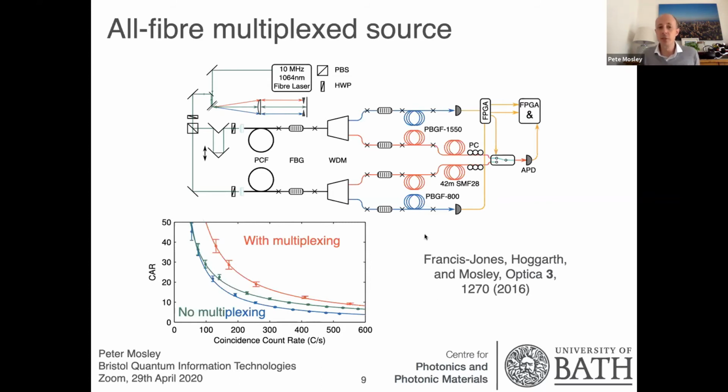Of course, if you want to do this over lots of sources to really increase the probability of delivering heralded single photons, then it rapidly becomes very intensive in terms of the resources that you need to implement it.